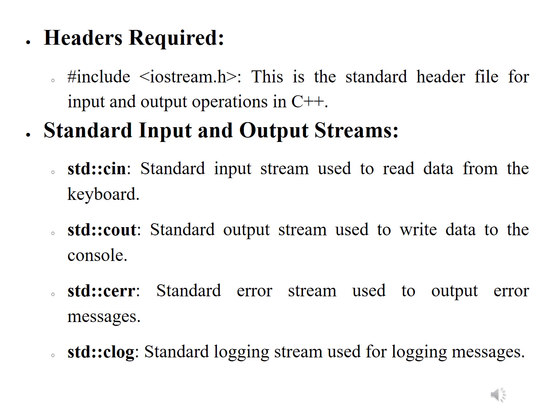If you want to accept input and output streams, we have to use the header files. In this #include <iostream>, the standard header files for input output operations are available.